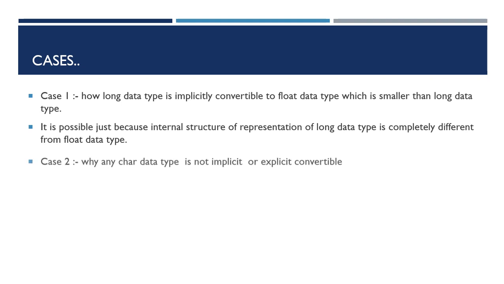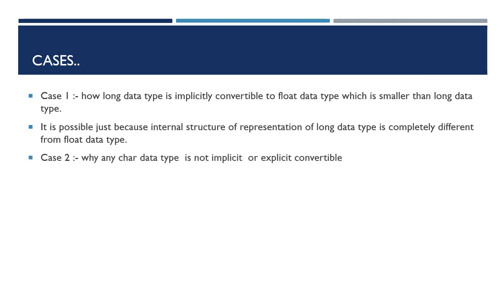Okay, the second case: why is any numeric data type not implicitly or explicitly convertible to char? As we know, if we assign a byte, short, or integer value to a character value, we are going to get a compile error.